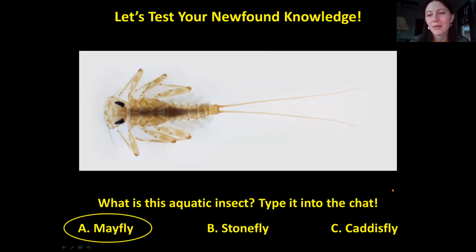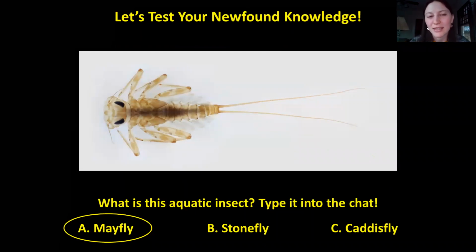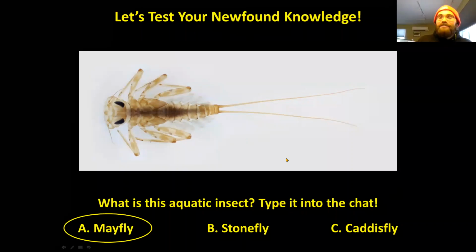Some people are asking, doesn't it have the middle tail? That's a really good question. Honestly, I personally don't know. If I had to guess, the two most important parts on this mayfly would be the outermost tails, because those are the sensory parts.